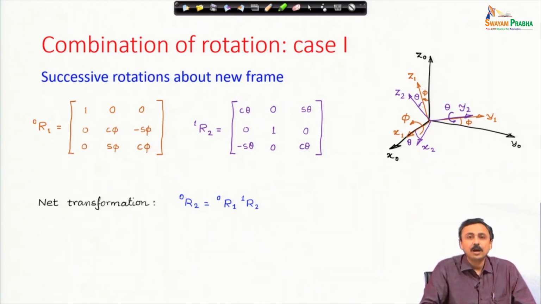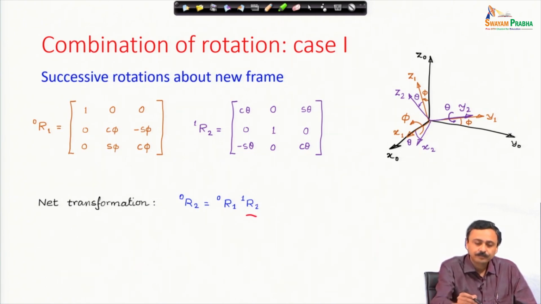Therefore, I want to find R, the rotation matrix from frame 2 to frame 0, and that is obtained by taking a product in this order. This is very important. Matrix multiplication is non-commutative. R from 1 to 0 multiplied with R from 2 to 1 gives us R from 2 to 0.